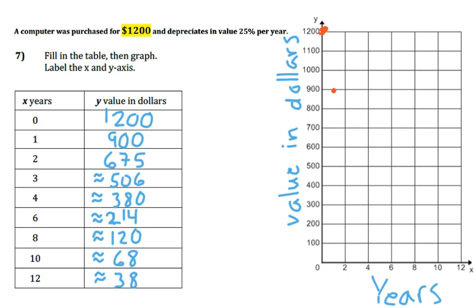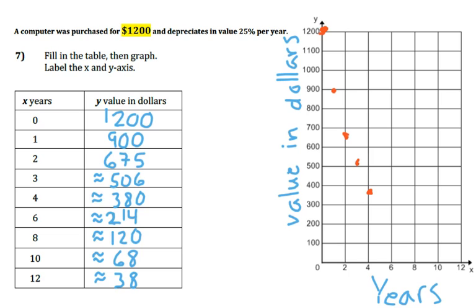If we continue to fill in these points, we get 2, and there's 675. And then we have 3 is about 506. And 4 is 380.